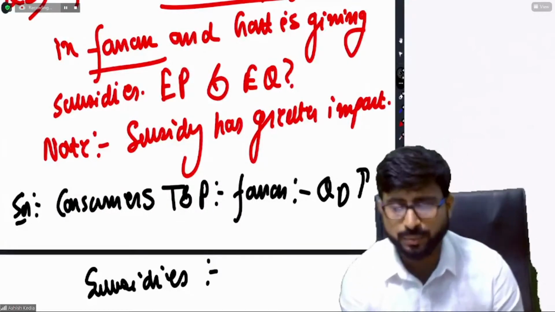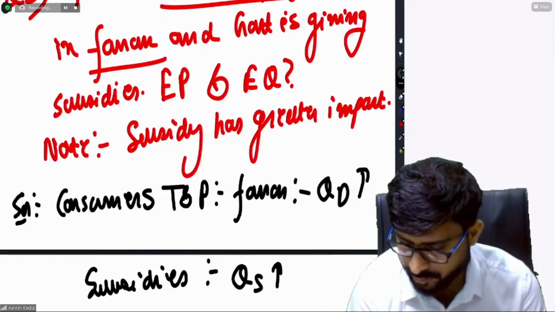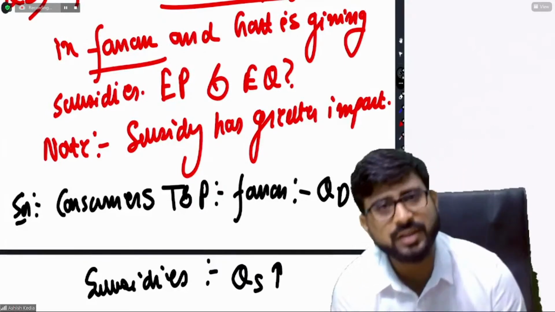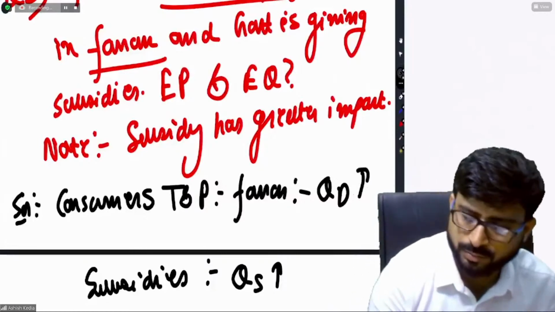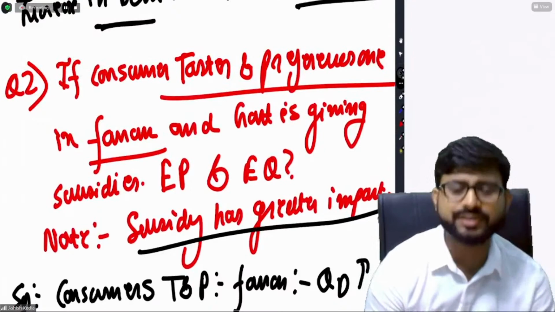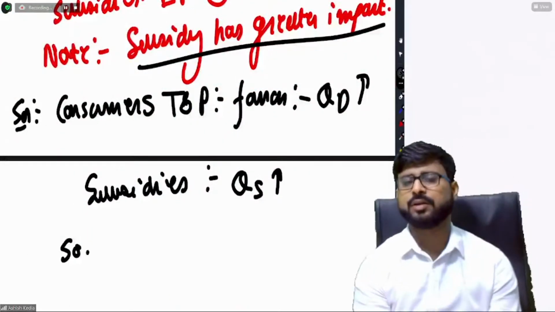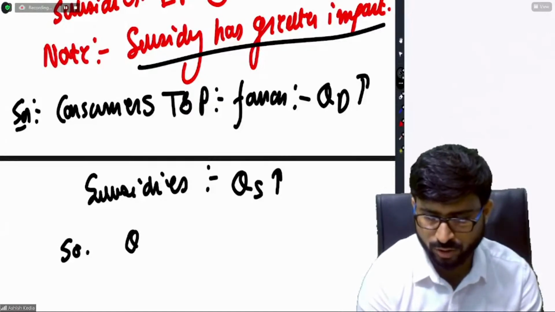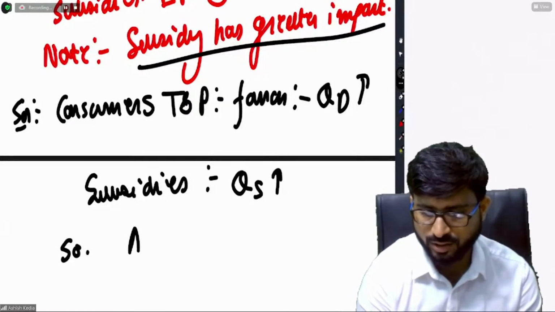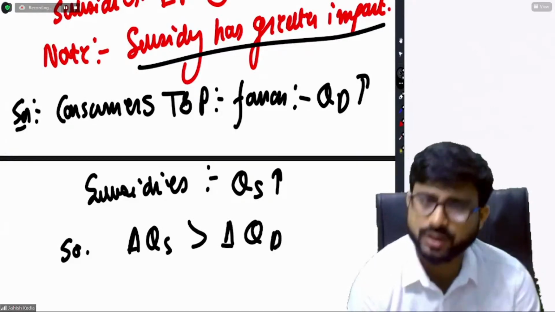If government is giving subsidies, quantity supplied is increasing. But subsidy has greater impact. So change in quantity supplied is greater than change in quantity demanded.